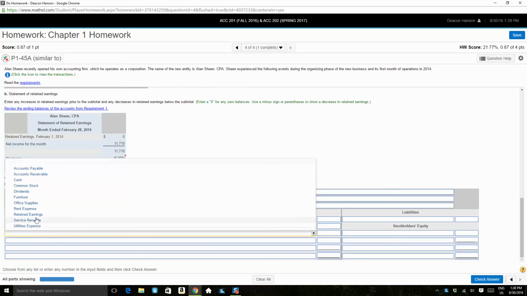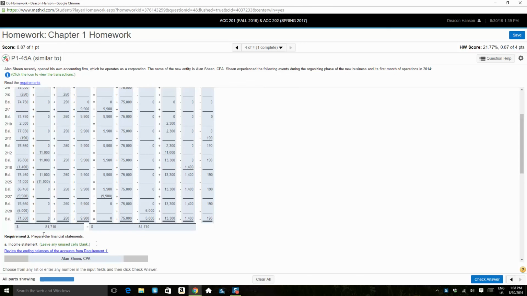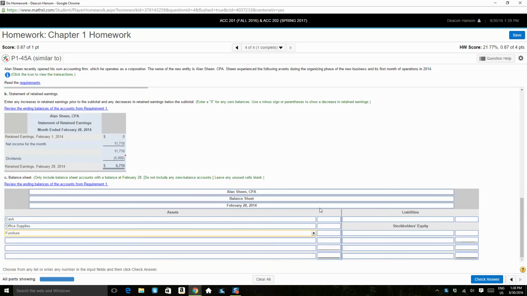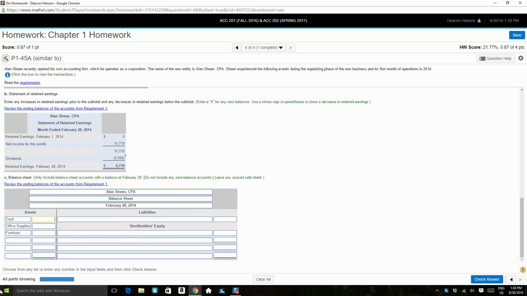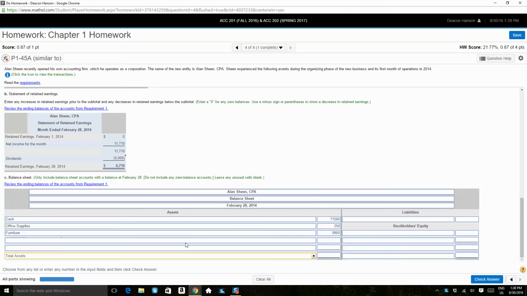We got 71,560, 250, and 9,900. If I add those 3 up, that gives me my total assets, and my total assets are 81,710. We had already done that math.